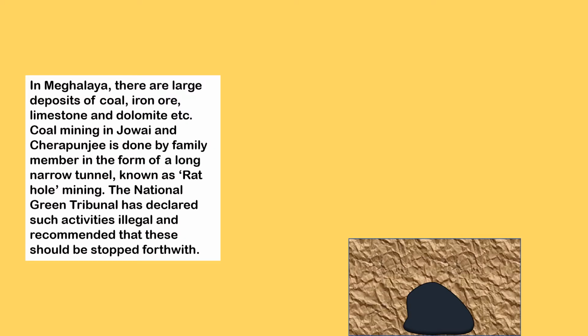If you see here, this is a long tunnel, and a person will go down and try to collect minerals out of this long tunnel, which is very risky. The National Green Tribunal has declared such activity illegal and recommended that it be stopped.